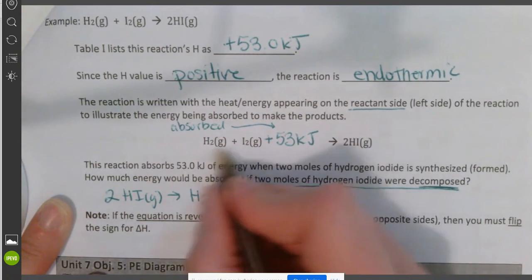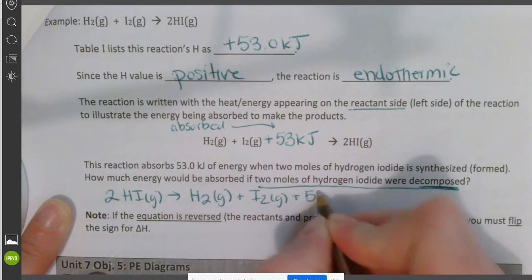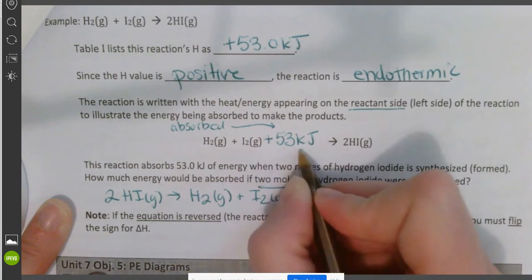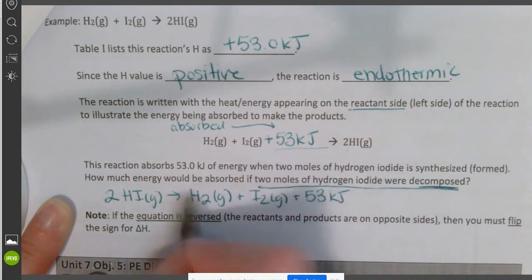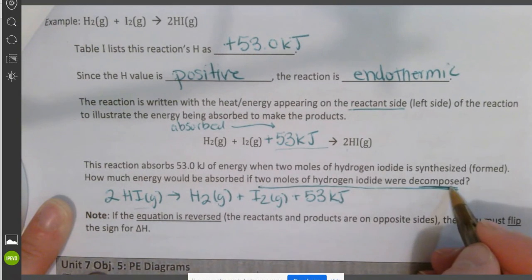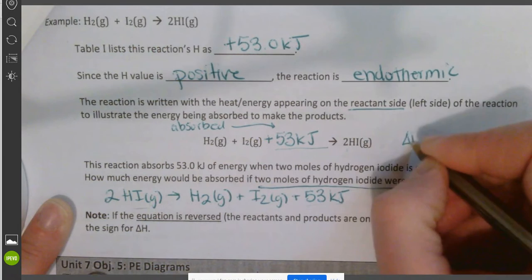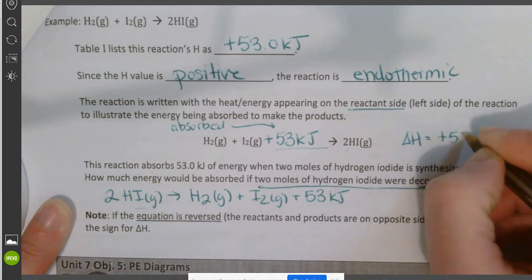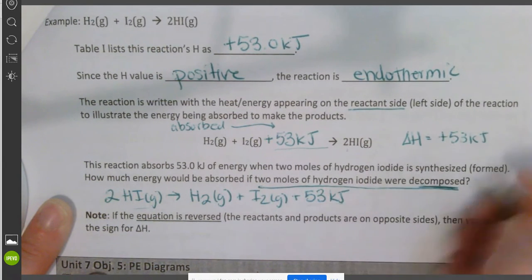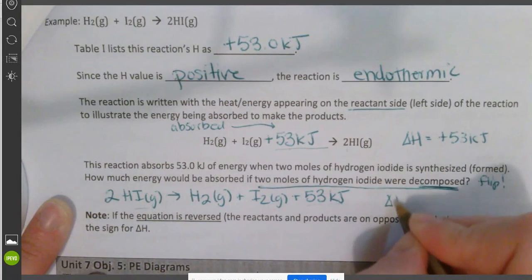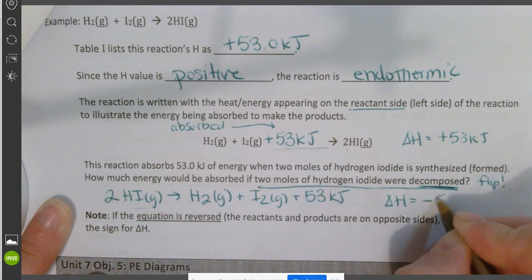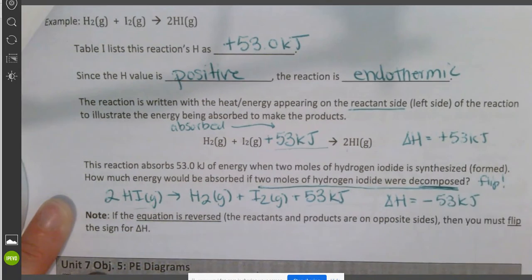And my energy is going to stay on the same side. So now I'm going to see that instead of it getting absorbed in the synthesis, it is now getting released in the decomposition. So delta H up here was positive 53 kilojoules. If I flip the reaction, I have to flip the sign of delta H. This would end up being negative 53 kilojoules.